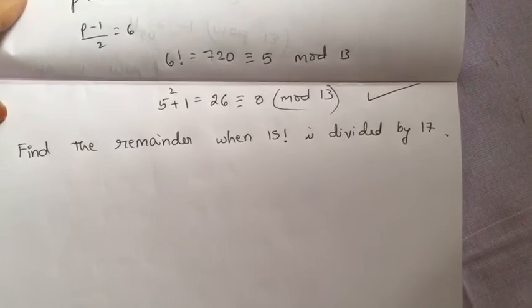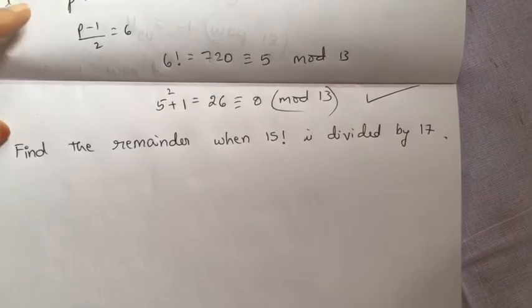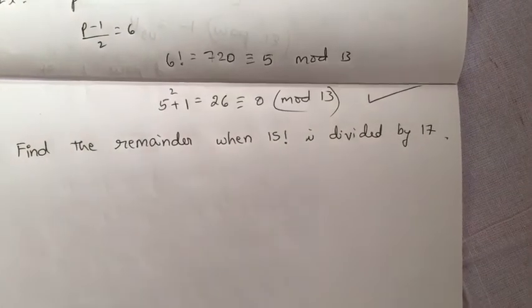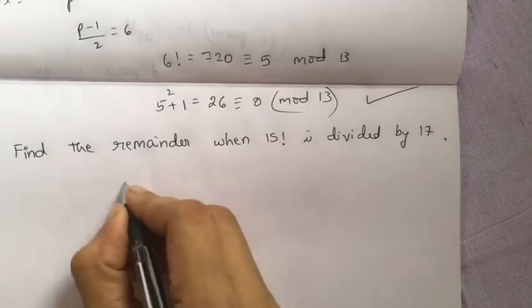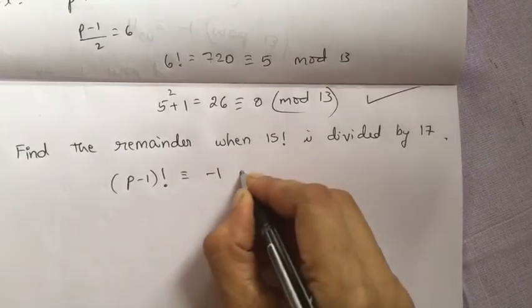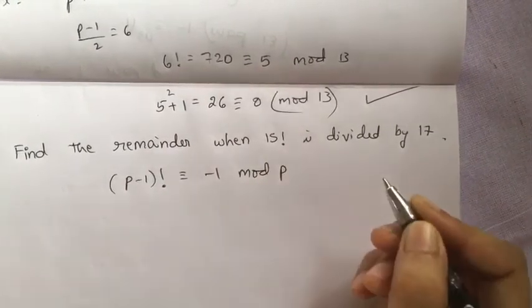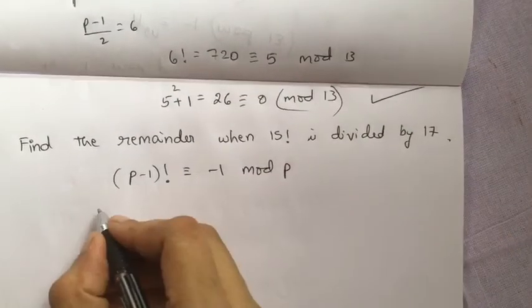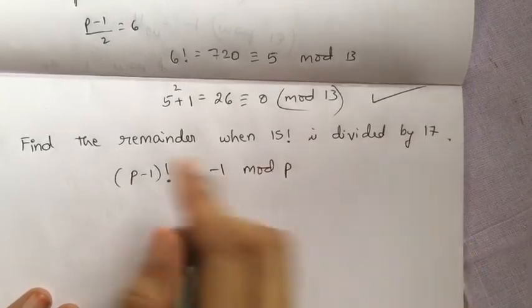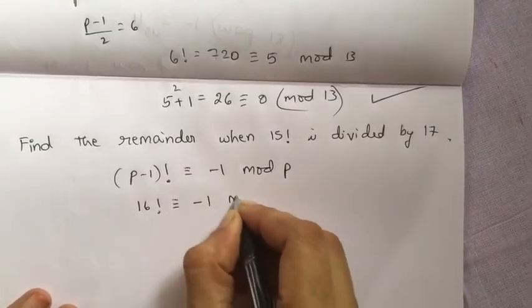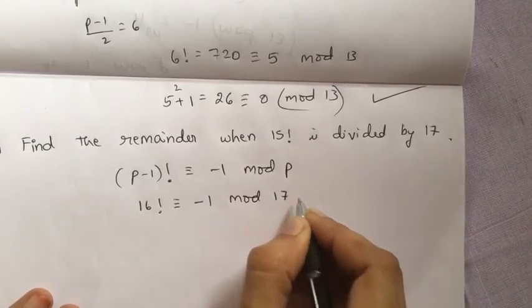First problem: find the remainder when 15 factorial is divided by 17. So I'm going to apply Wilson's theorem. It says (p minus 1) factorial is congruent to minus 1 mod p. So p is 17, so 16 factorial is congruent to minus 1 mod 17.